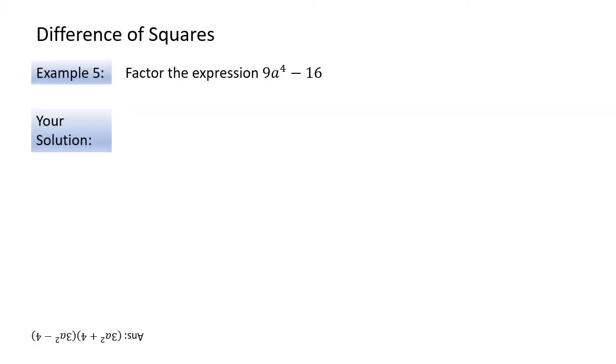So let's look at one more example. We had 2 in the last one, then we'll look at this one. Factor the expression 9a to the 4 minus 16. Again, okay, 9 is the same as 3 squared. A to the 4th, remember back to our rules of exponents. A to the 4th is equal to a squared, squared.